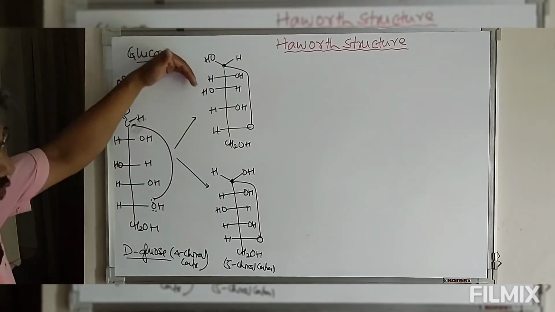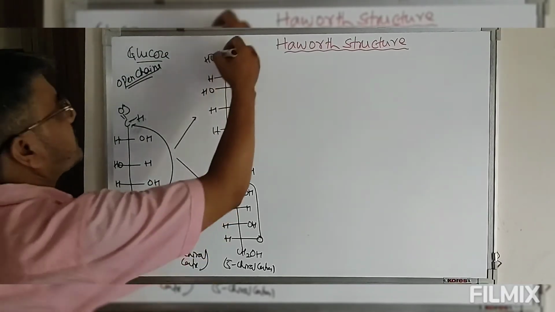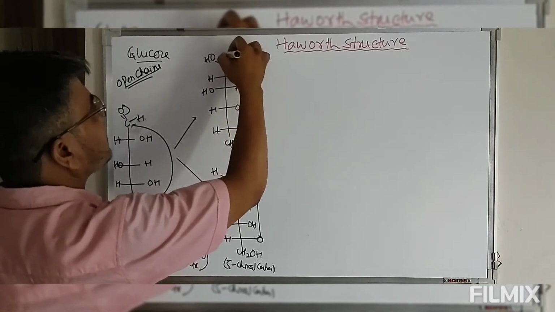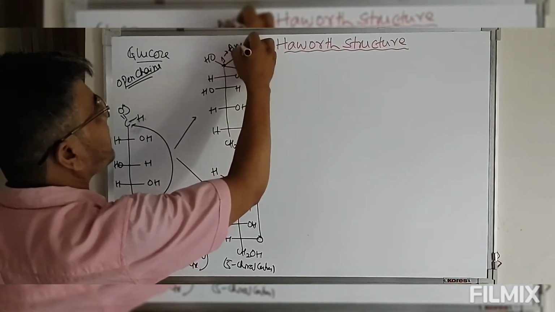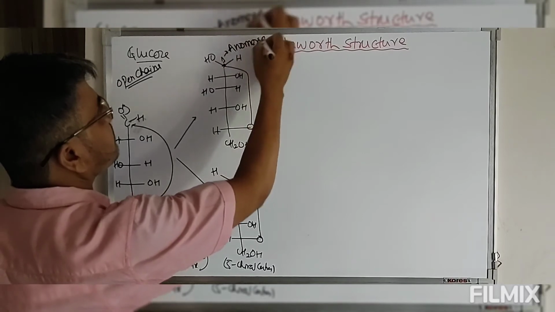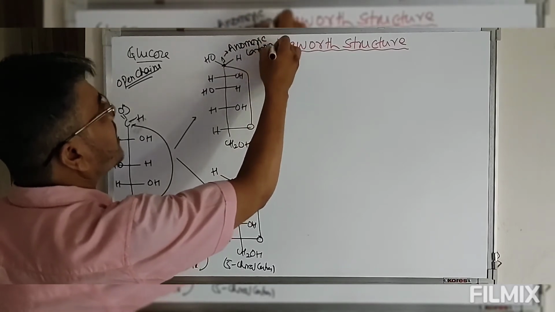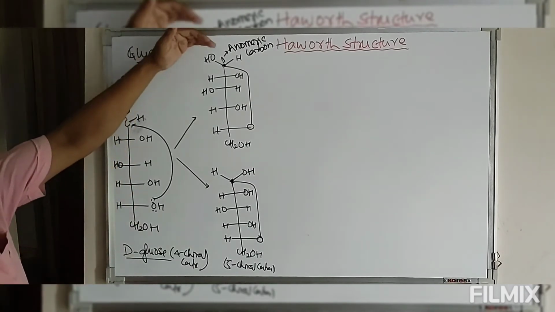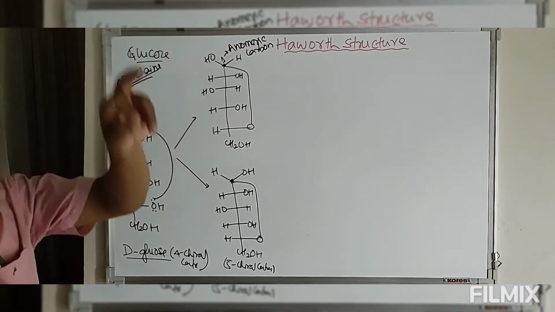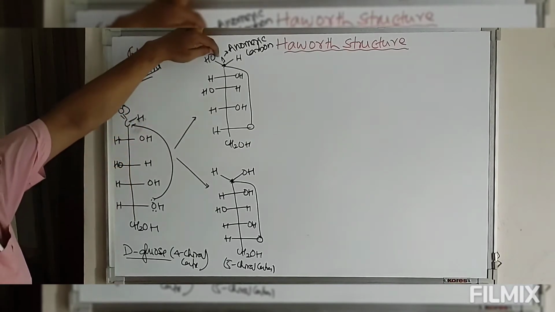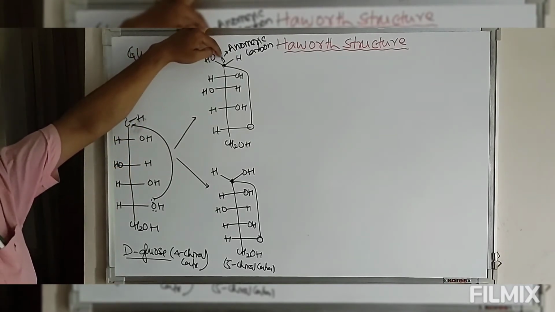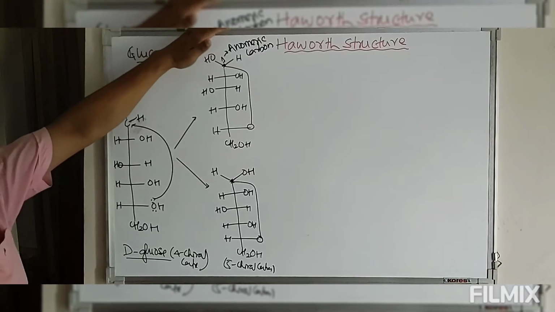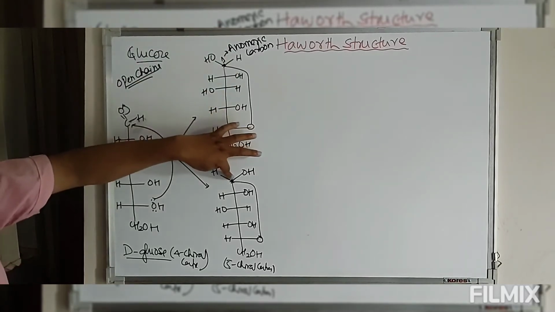This newly developed chiral center, this carbon number 1, is known as the anomeric carbon. So the anomeric carbon is that carbon in which the configuration at carbon number 1 differs. This newly developed chiral center on cyclization is known as the anomeric carbon.